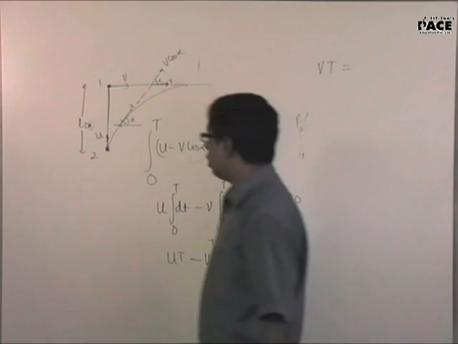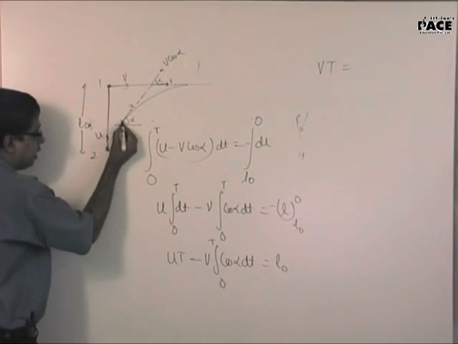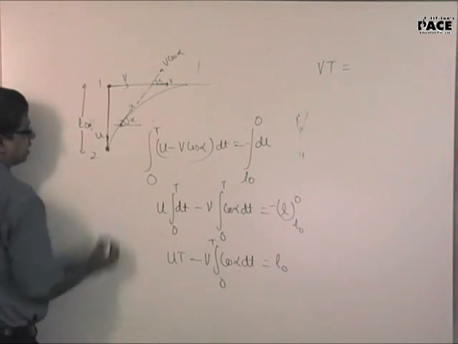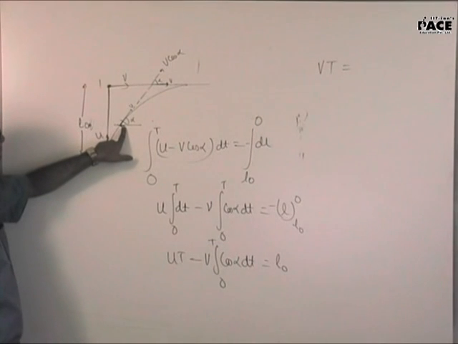Now how do I get that horizontal displacement? Watch out for this here. In this short time interval, look out for the velocity u cos alpha into dt.